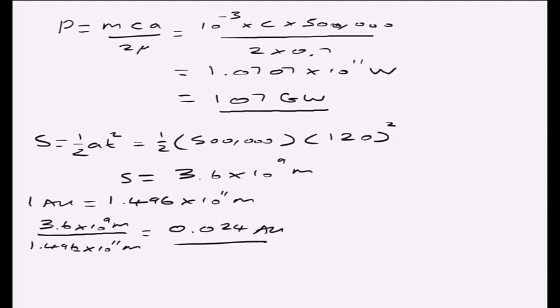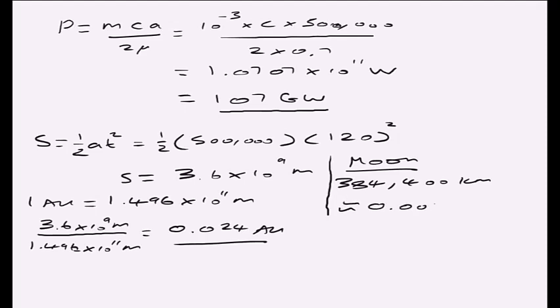To put this into context, the mean distance to the Moon from the Earth is around 384,400 kilometers, and this is around, if you do the maths, 0.00257 AU.